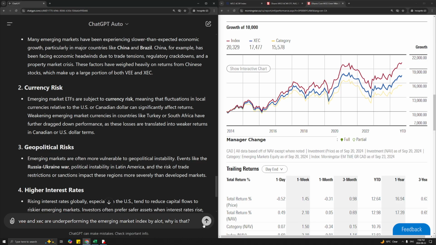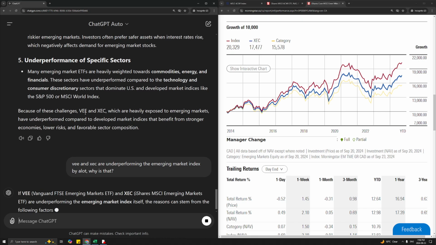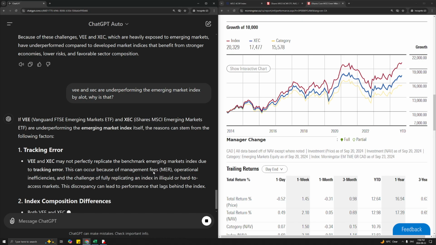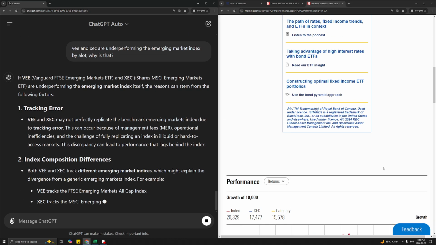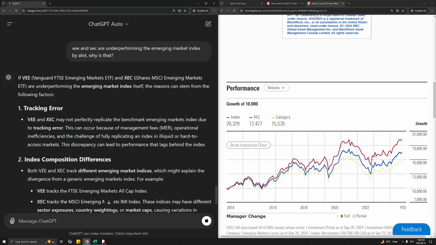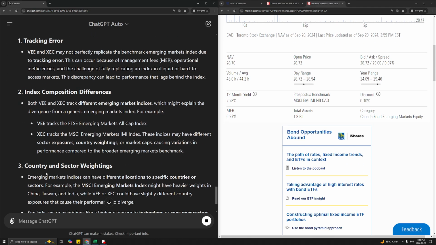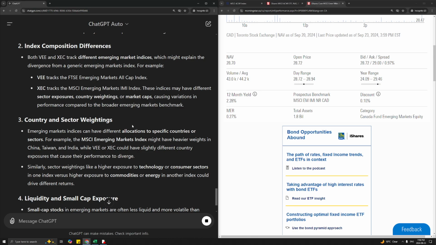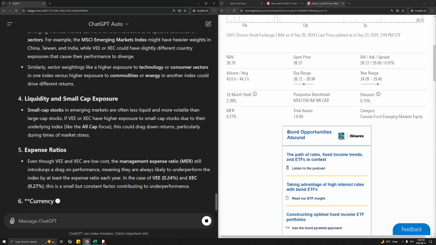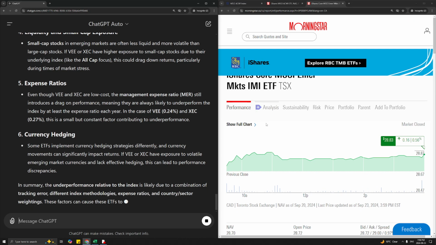Okay, the emerging market index. Tracking error. MER. Their MER is so low, 27 bips. That's enough? Okay, well, I'm going with it just because of the MER.